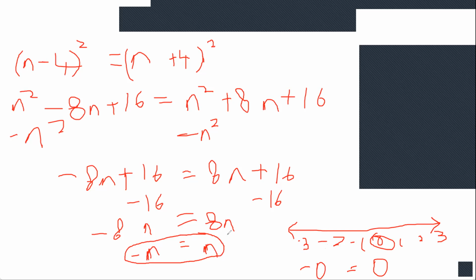And the actual way to do this, in case you don't want any shorthands whatsoever: you get negative n equal n, right?